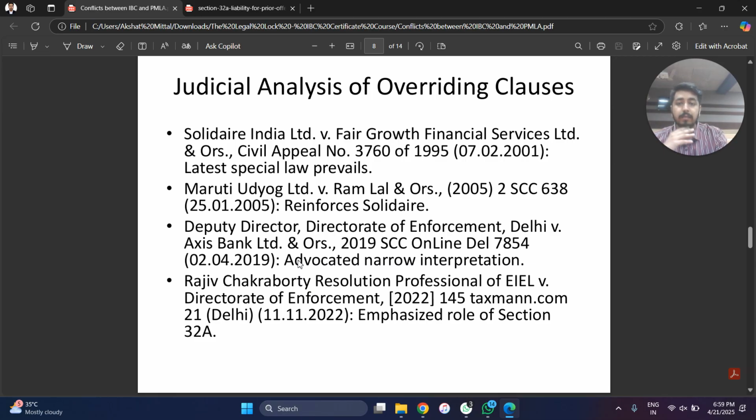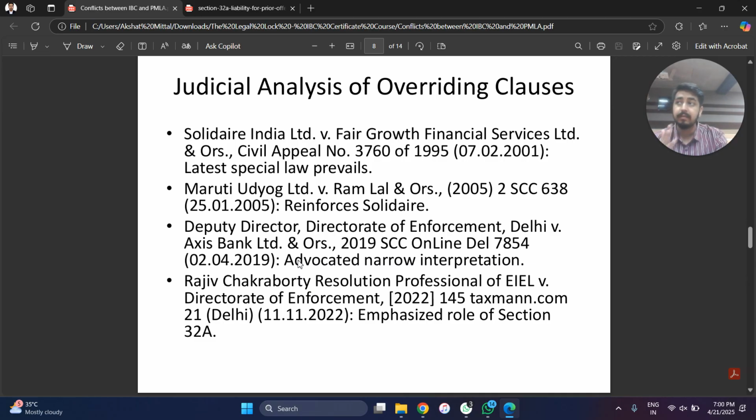Now we come to the case of Deputy Director, ED Delhi versus Axis Bank. In this particular case, the situation was the clash between IBC and PMLA. Here the Delhi High Court interestingly analyzed the overriding clauses of the SICA, the Sick Industrial Companies Act, of the SARFAESI legislation, of the IBC, and then of the PMLA.